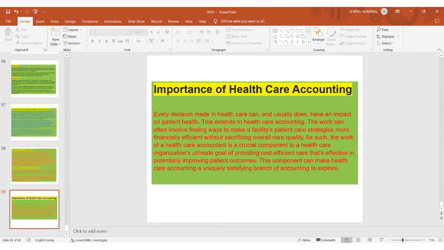So this branch of accounting, or this service you are dealing with, is certainly very crucial and very sensitive to the health and emotions of the people. But still, when it comes to money and completing the records, you can't just talk about the emotions. So you have to take care of each and everything.